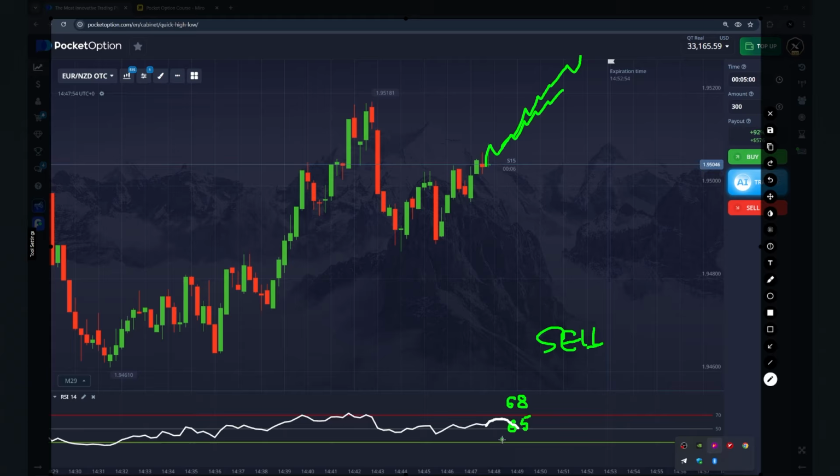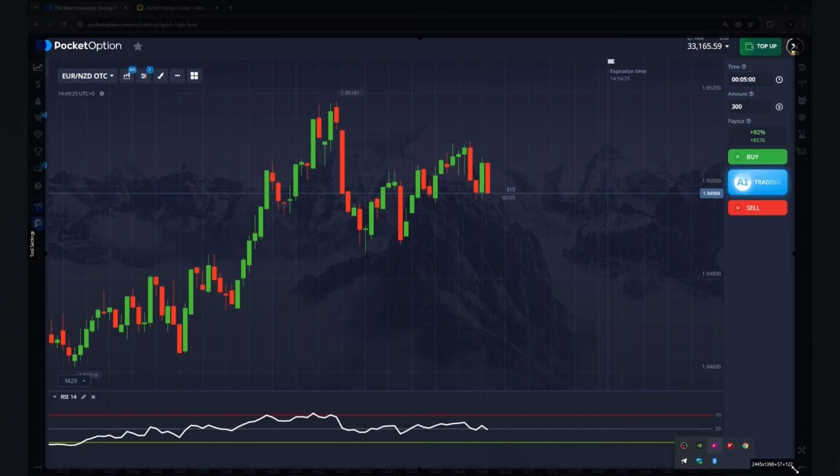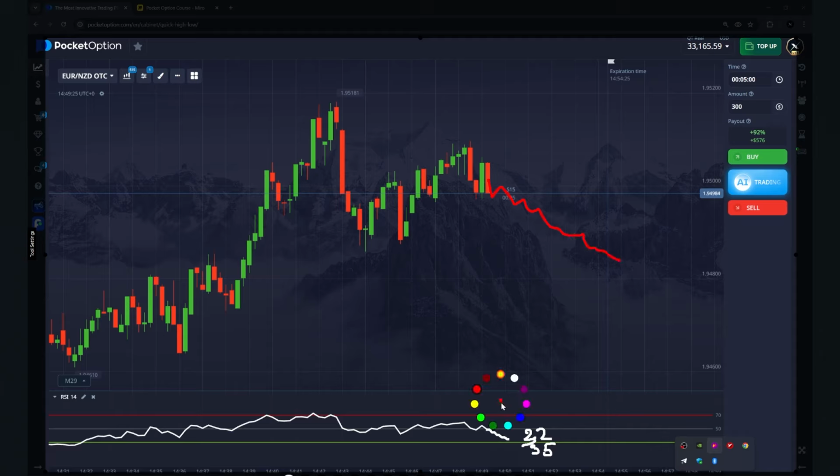Same in reverse. If RSI drops to 32, 35 levels in a downward price movement, then rejects back, the bears tried to push lower but failed.